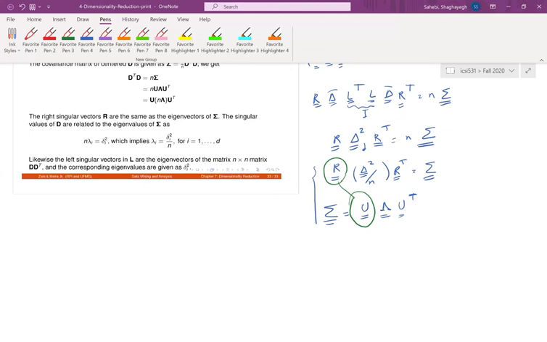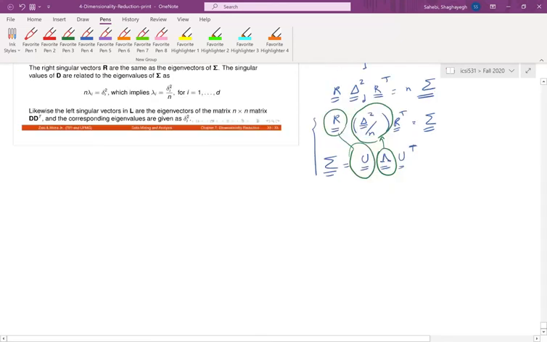And at the same time, it seems that lambdas, which were the eigenvalues of the covariance matrix, are equal to the square of our singular values divided by n, the number of data points.